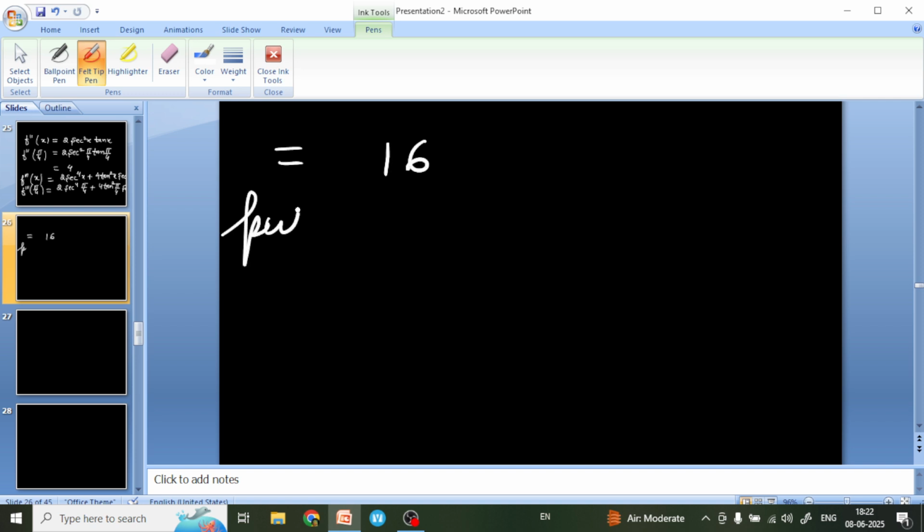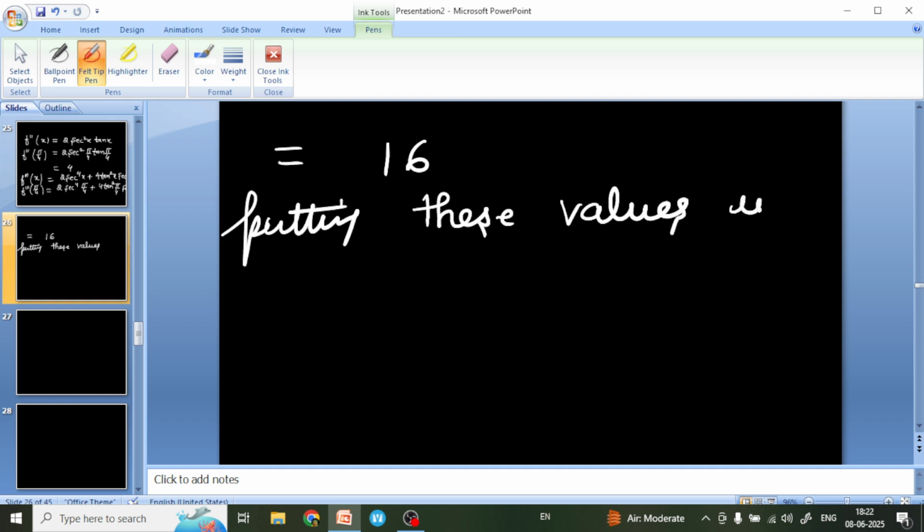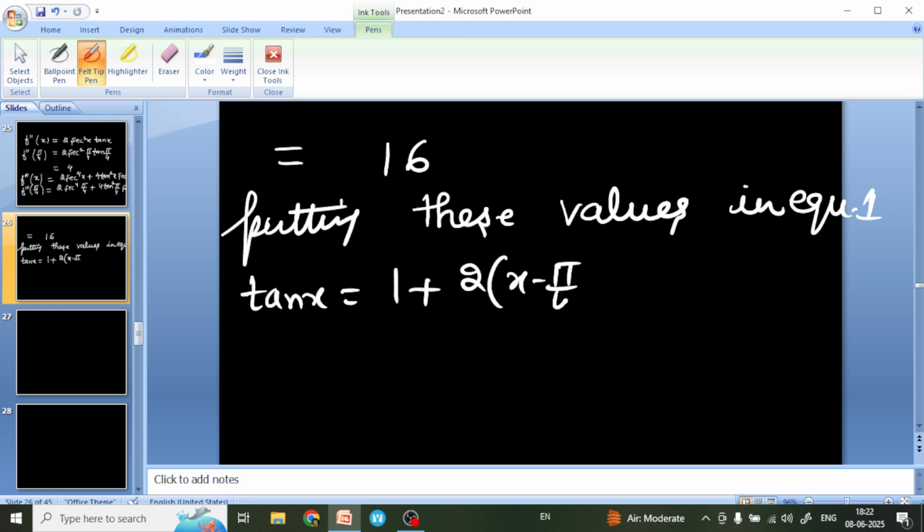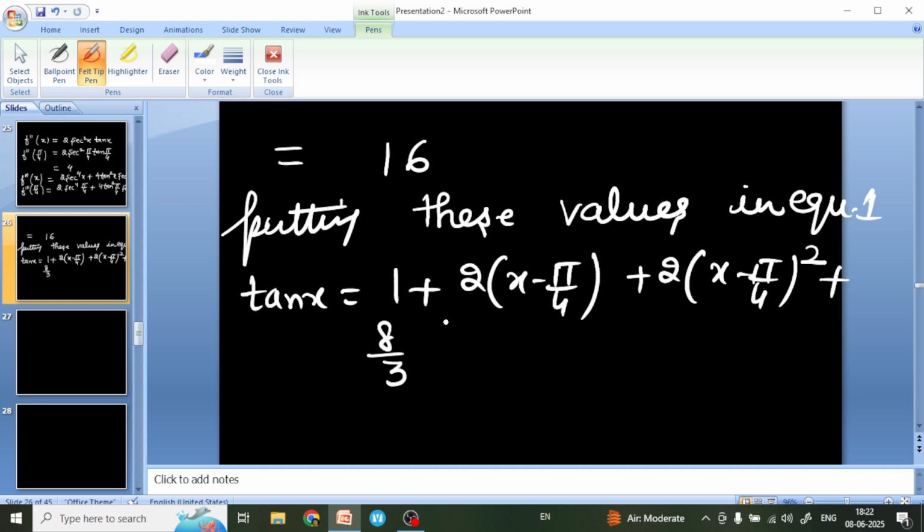Now putting these values in equation 1, tan x is equal to 1 plus 2 into x minus pi over 4 plus 2 into x minus pi over 4 whole square plus 8 over 3 into x minus pi over 4 whole cube, and you will find your final answer.